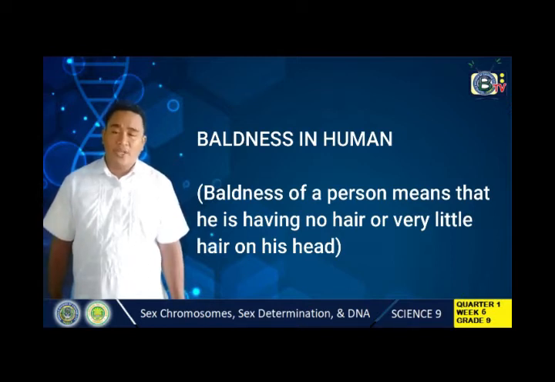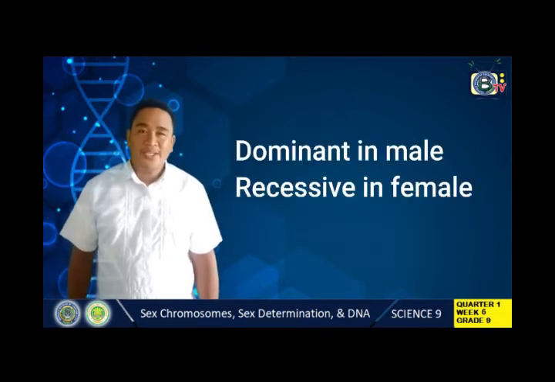And this gene is not on the X chromosome, but its expression of dominance is affected by the sex of the individual involved. It is dominant in males and it is recessive in females. That is why you can see more men who are bald than women.